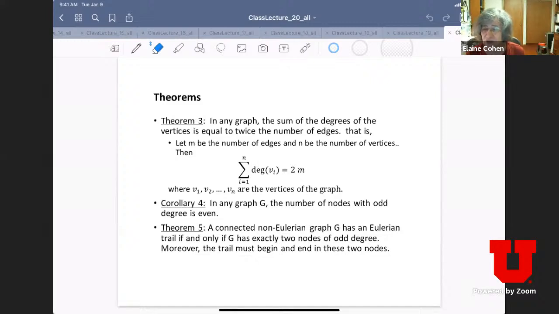Yeah, that's a good question. Right now, we're only talking about degree of a vertex in undirected graphs. So that is not a problem that we're going to talk about. Okay. So why would the number of nodes with odd degree be even?